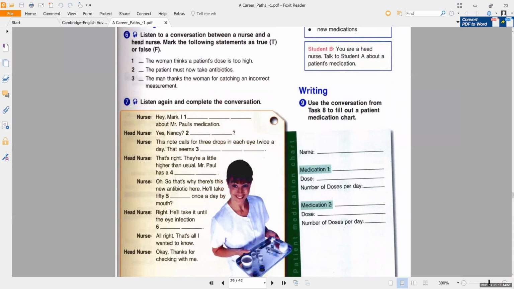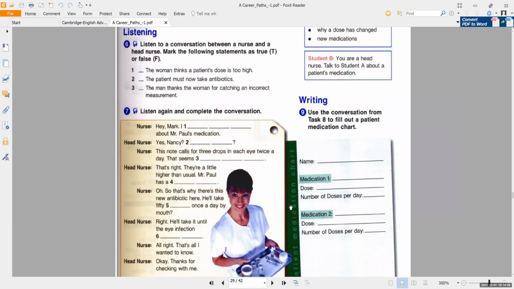Number 1, the woman thinks a patient's dose is too high. Number 2, the patient must now take antibiotics. And number 3, the man thanks the woman for catching an incorrect measurement. So let's listen.